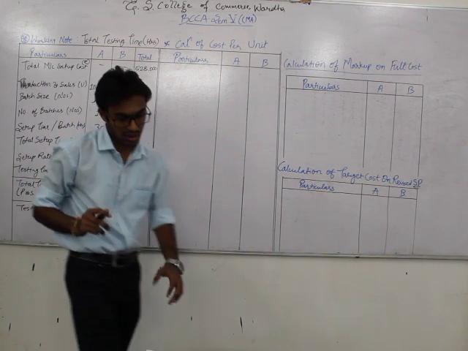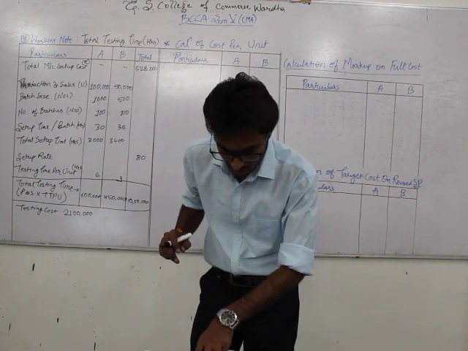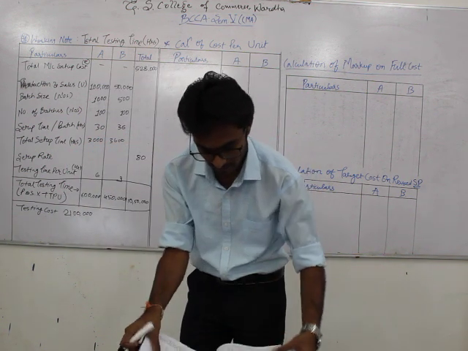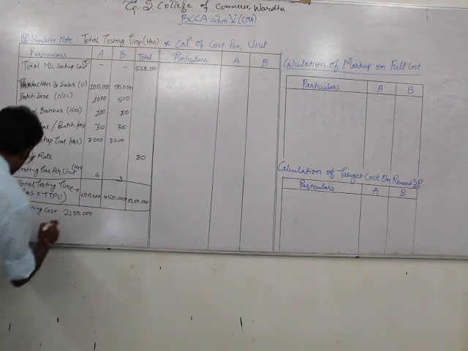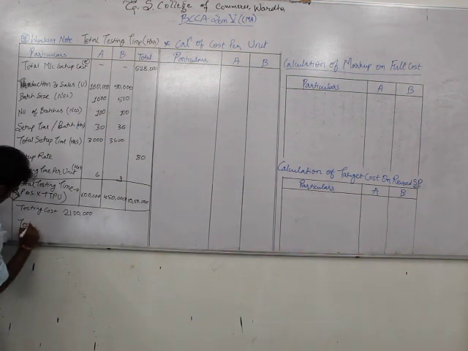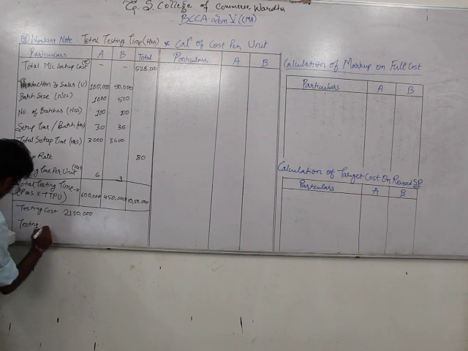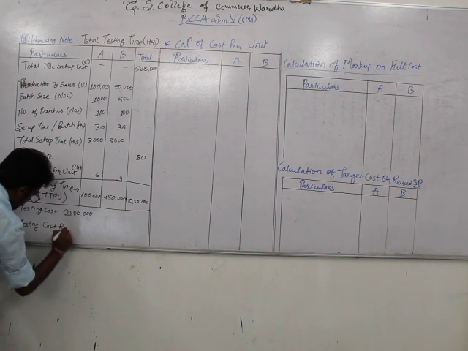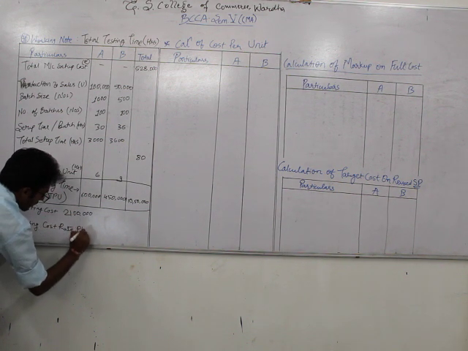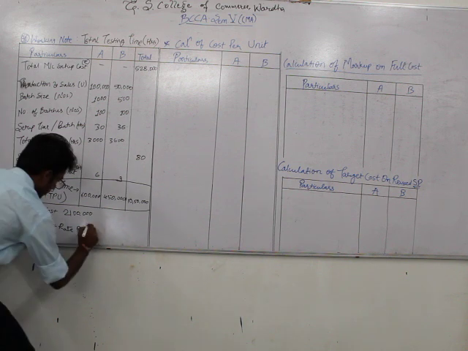Testing cost is 21 lakh, and we have to calculate the testing cost rate per unit. So how can we calculate that?